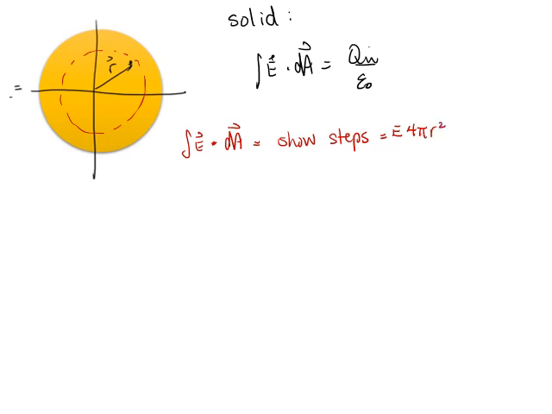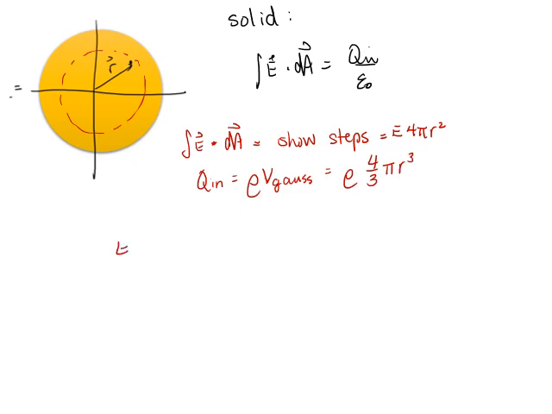If this were a test question, you would certainly have to write out all these steps and show all that detail. For our Q inside, that's the net charge enclosed by the Gaussian surface, so that's going to be the density times the volume of the Gaussian surface. That's equal to the density times 4 divided by 3 times pi times r cubed.